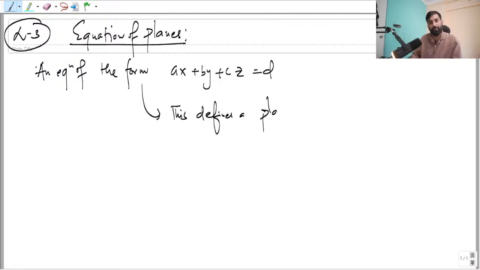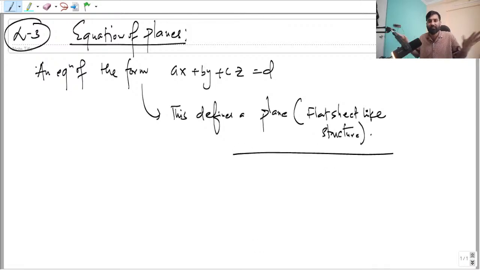And what is a plane, guys? A plane is nothing but a flat, sheet-like structure. That is very important to remember. A plane will always be flat, and it has to be a sheet-like structure.